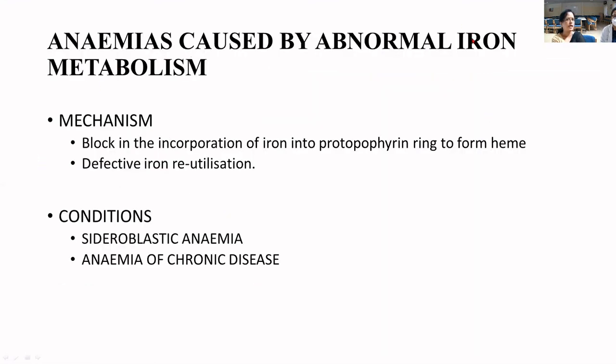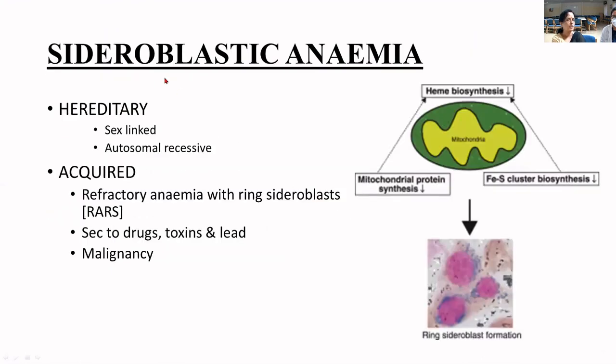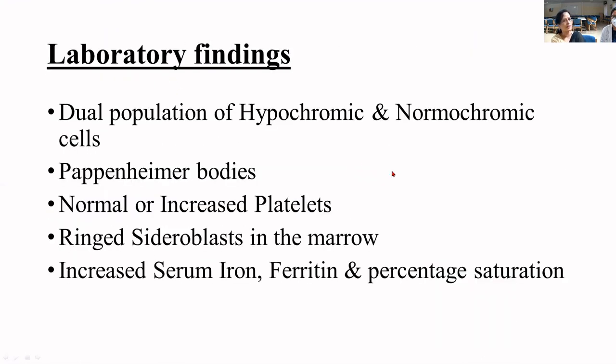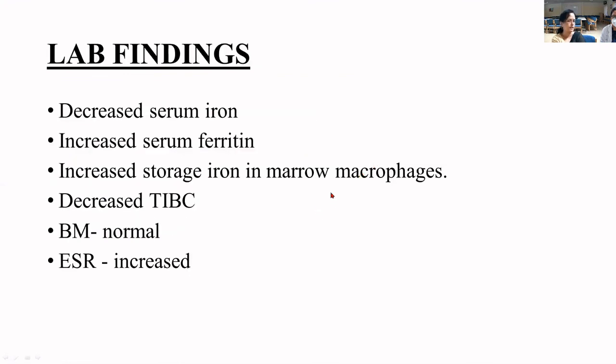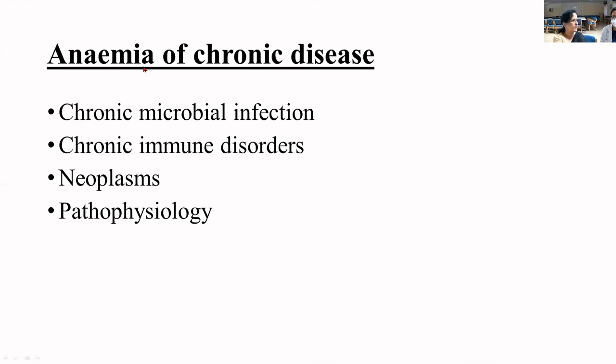Anemia is caused by abnormal iron metabolism mechanism. So you are talking about sideroblastic anemia, then anemia of chronic disease. Sideroblastic anemia we'll take up in the next class. Anemia of chronic disease, in brief we'll deal with it, because we said it also could be microcytic hypochromic.